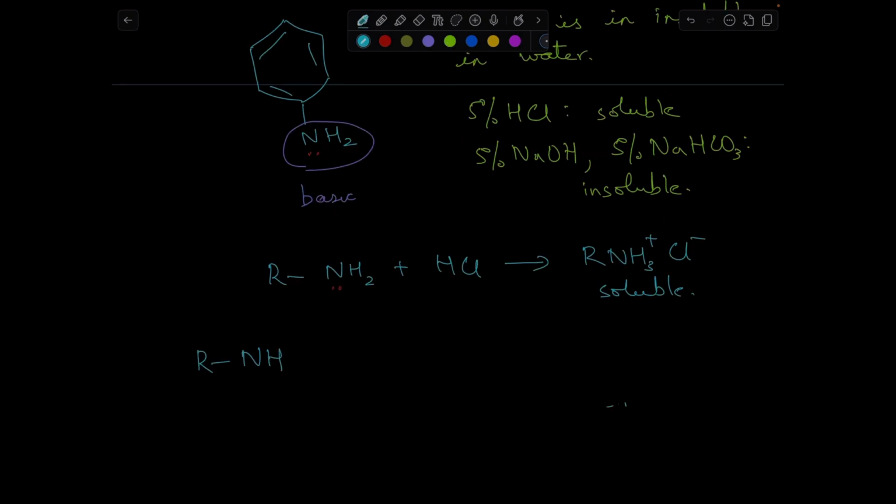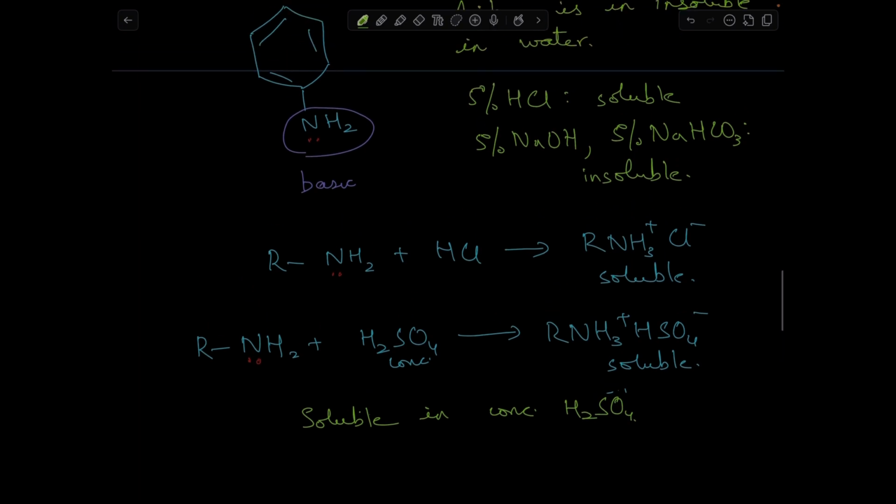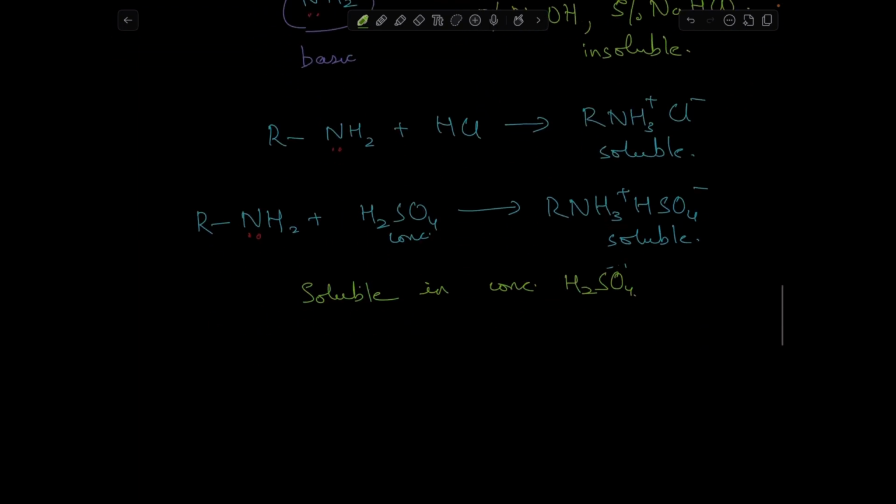Aniline with sulfuric acid again forms a salt to give you RNH3+ HSO4-, and that is soluble. Now diethyl ether, because of the hydrophobic nature of the benzene ring, aniline is easily soluble in diethyl ether.